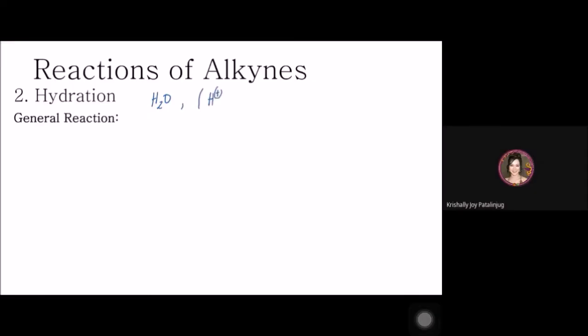So the usual symbol for the presence of an acid is simply to write H plus, a proton, knowing that any acids are proton donors. A very good example of an acid that can be utilized as a catalyst during hydration is sulfuric acid.